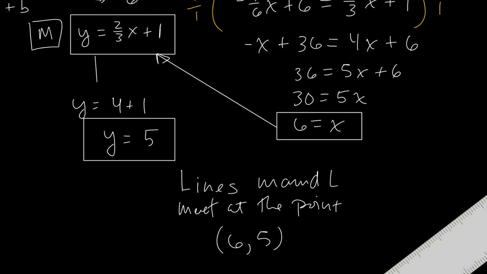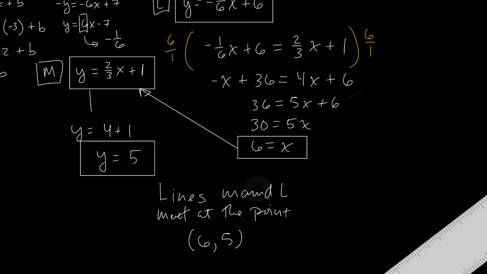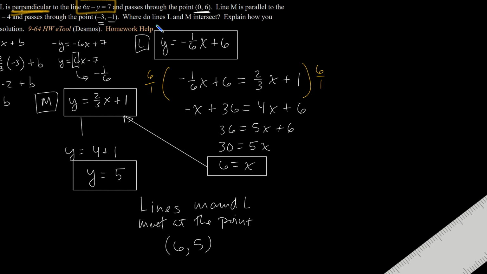And that point, when I found y, I checked that with line M, but I think I should check it with line L also. So let me take that value of x, 6, and 6 times negative 1/6 is negative 1, and negative 1 plus 6 is 5. So it works in both lines. That is the point where these lines meet, and hopefully they're the right lines, right?